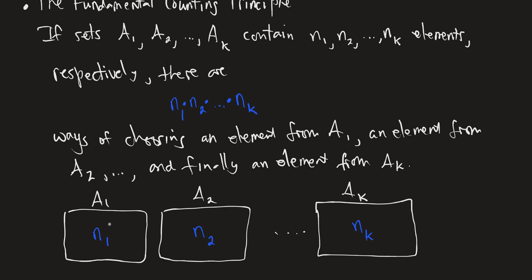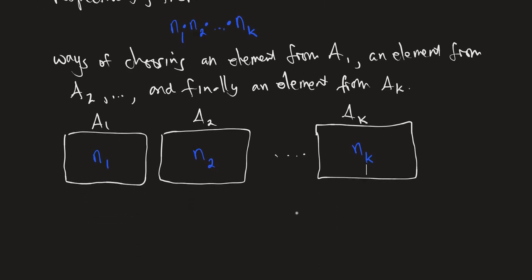So essentially you have n1 choices for the first element, n2 for the second, and so forth, and n sub k for the last. And then the principle is that the total number of ways that you can make that choice, or complete the choice from each of the sets, is to multiply all the n's together. So n1 times n2 times n sub k, right?